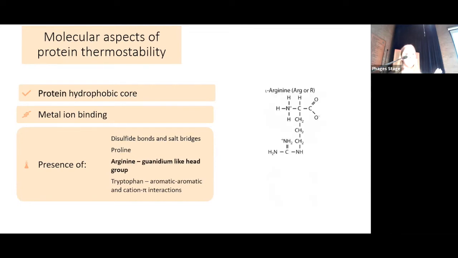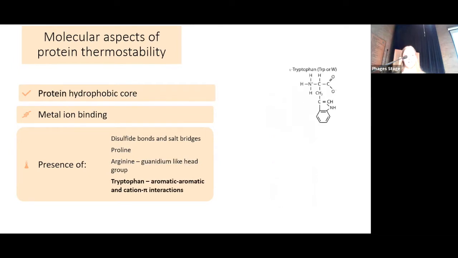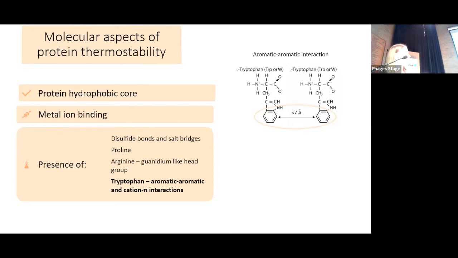Okay, another one is arginine, which has a guanidinium-like head group. Because of it, it has reduced chemical reactivity and can interact with charged ions and residues. And another one is tryptophan and other aromatic residues that can interact between themselves. For example, it is an aromatic interaction that takes place when the space between two phenyl rings isn't higher than 7 angstroms.